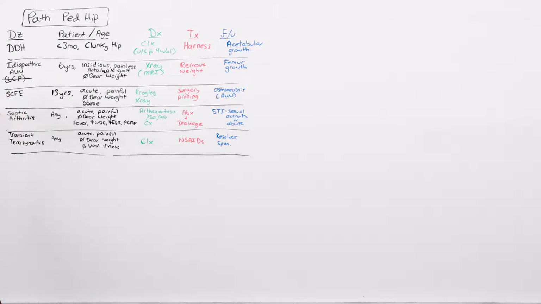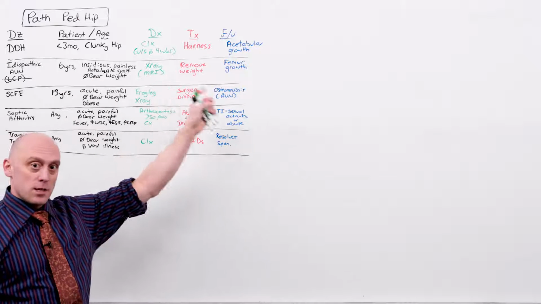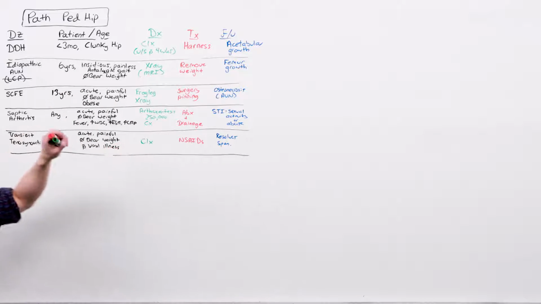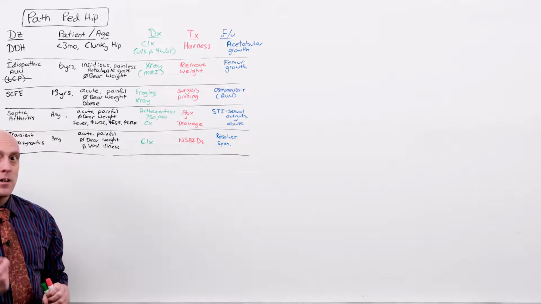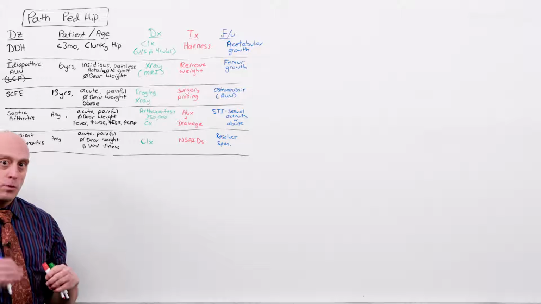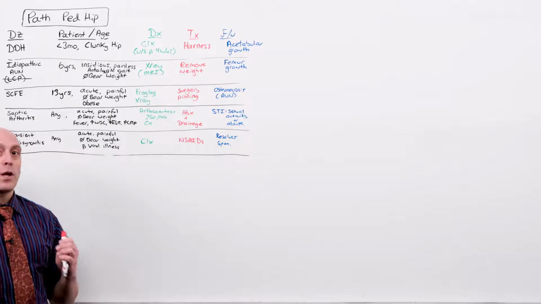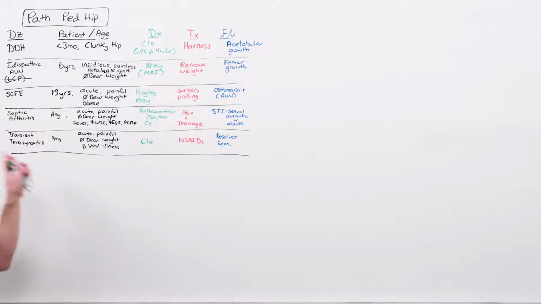Developmental dysplasia of the hip, newborn, clunky hips, harness so that the acetabulum grows right. Legg-Calvé-Perthes disease, idiopathic avascular necrosis, an insidious onset antalgic gait, inability to bear weight. X-ray shows deformed femoral head. Get the weight off the femoral head, it will grow back normal.